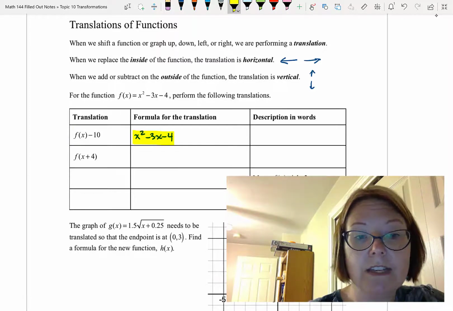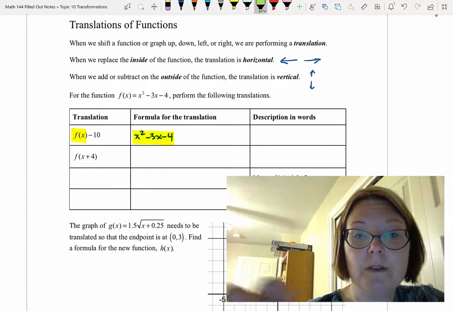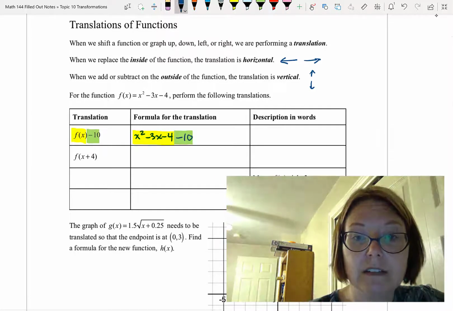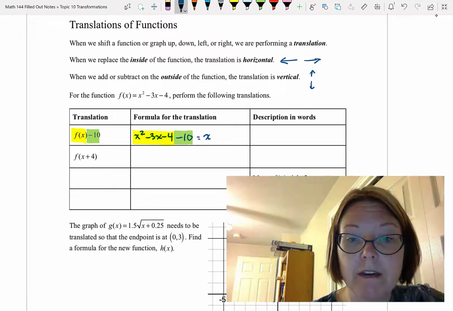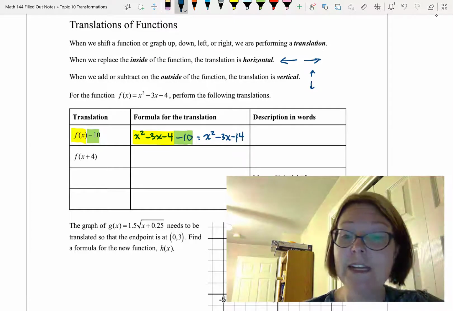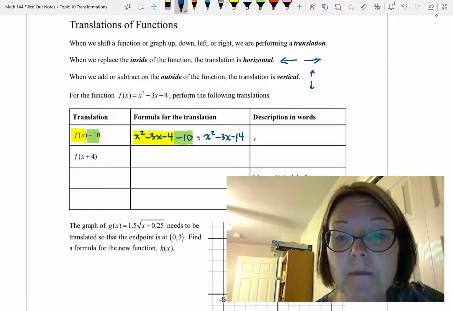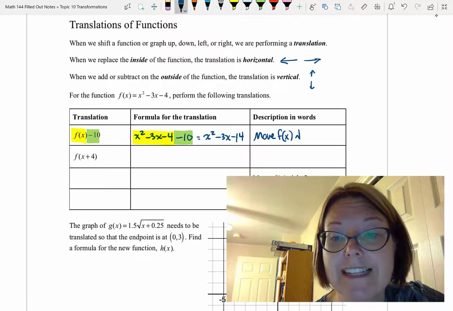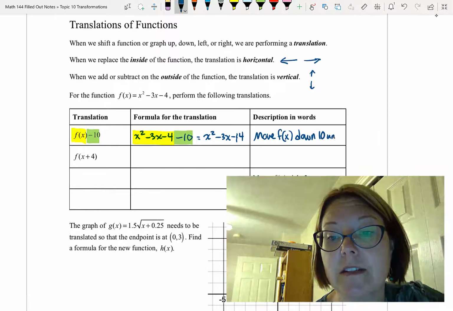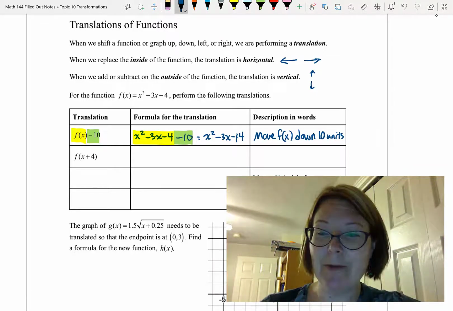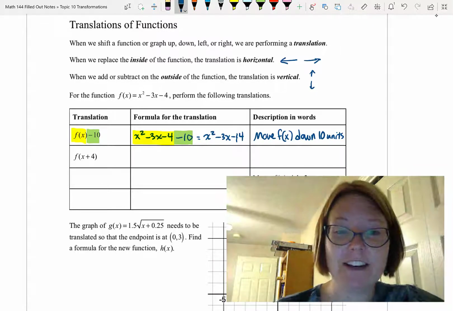The whole thing is f of x. And I will subtract 10 from that. Simplifying, that gives me x squared minus 3x minus 14. In words, the effect would be to move f of x down 10 units because that minus 10 was on the outside.